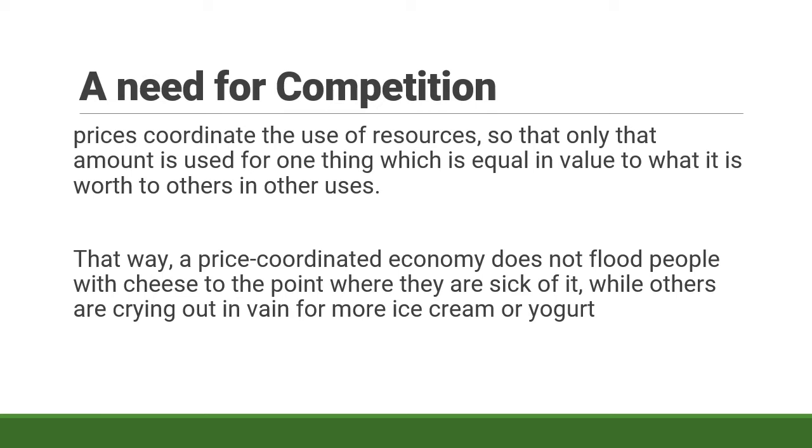You only, in essence, produce a certain good in so much as there is demand for it, and you'll stop producing once people are sick of that good. Going back to our earlier example, people will continue to produce cheese up to a point where people are sick of it, while others are looking for other dairy products, either ice cream or yogurt.